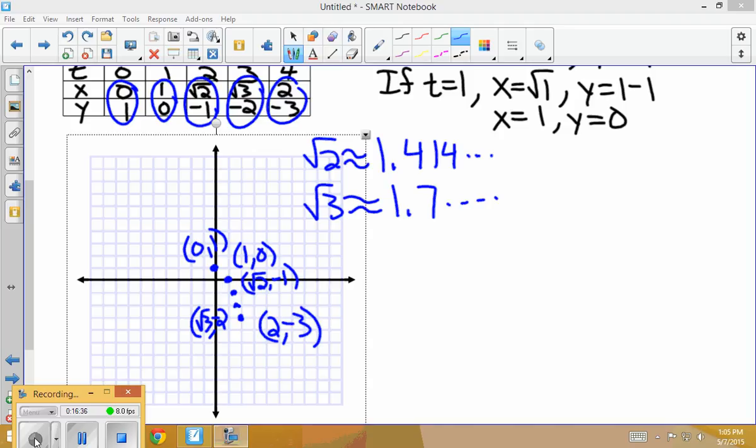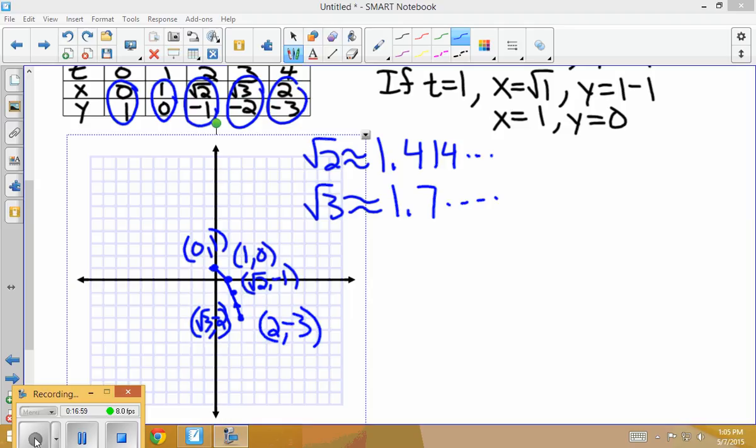I have taken a moment to pause and make our graph a little bit bigger so we can see a little more of what's going on. At this point, we have our points: 0, 1, 1, 0, square root of 2, negative 1, square root of 3, negative 2, and 2, negative 3. If we connect the dots with a smooth curve, there's our curve.